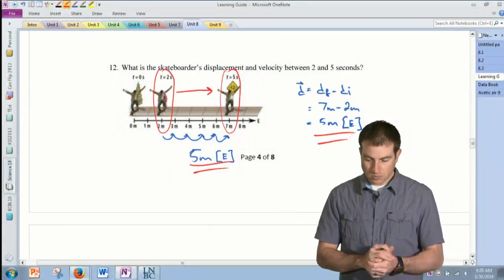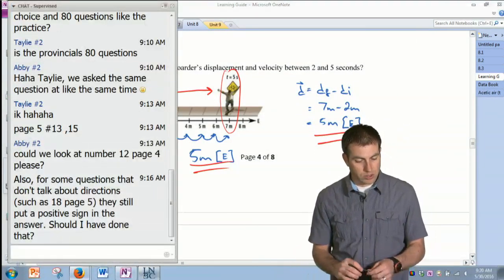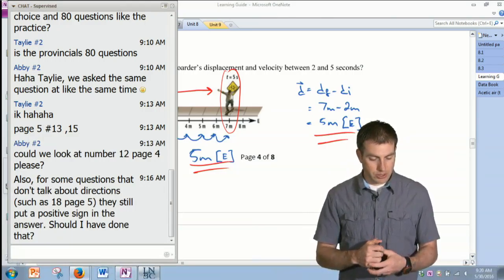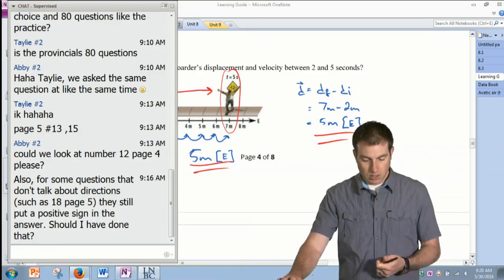That's good. Now I'm just reading this last question asked here. For some questions that we don't talk about directions, such as 18 page 5, they still put a positive sign in the answer.